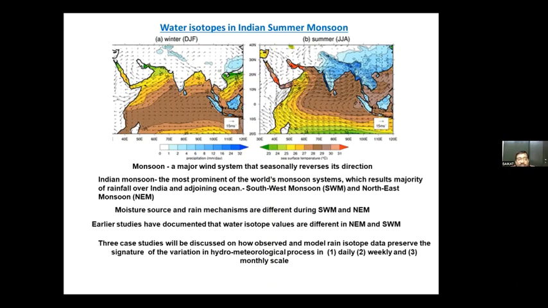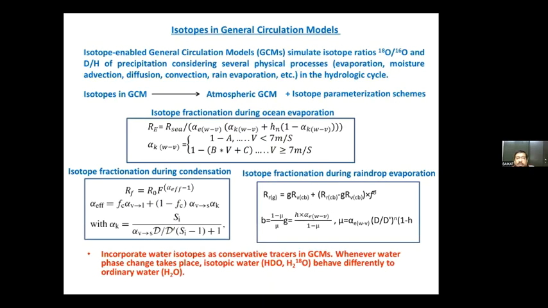In my study, I will be showing three case studies, as I told earlier, for the southwest monsoon only, showing how the observed data vary and how they replicate the hydro-meteorological processes on daily, weekly, or monthly time scales. Before going into our own work, I will also be comparing our observed data with some existing models.